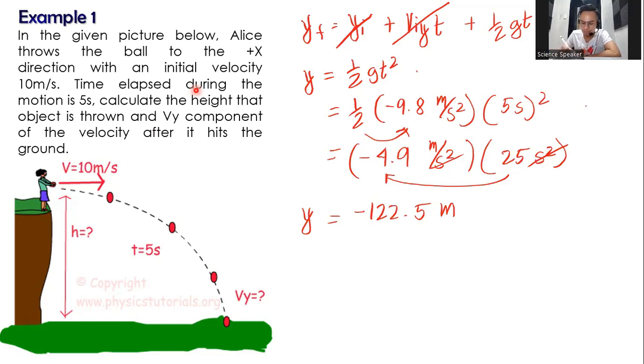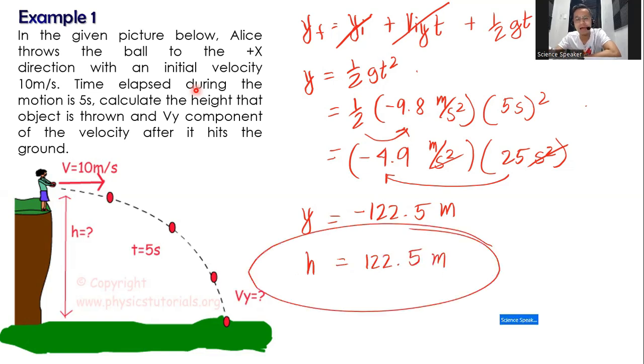So h equals 122.5 meters. That means the height of the cliff plus the hand and limb of Miss Alice is 122.5, so the ball was thrown from 122.5 meters above the ground.